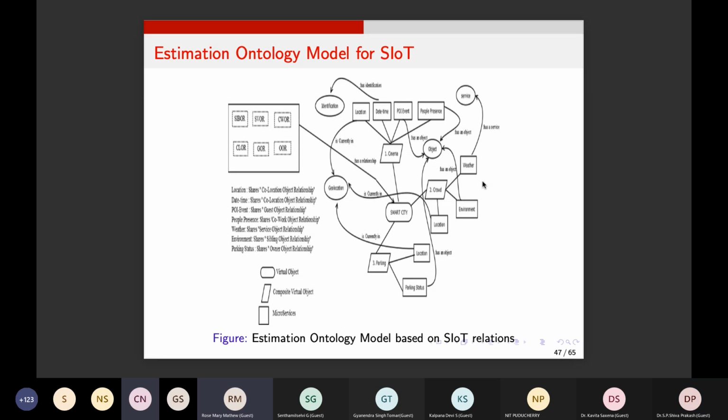Now, suppose I want to predict what the weather will be for the next 3 days, right? So we'll use this estimation ontology model for that. Where we try to find the uncertainties within the data, and based on those data, we try to find the solutions, find the related models, right?